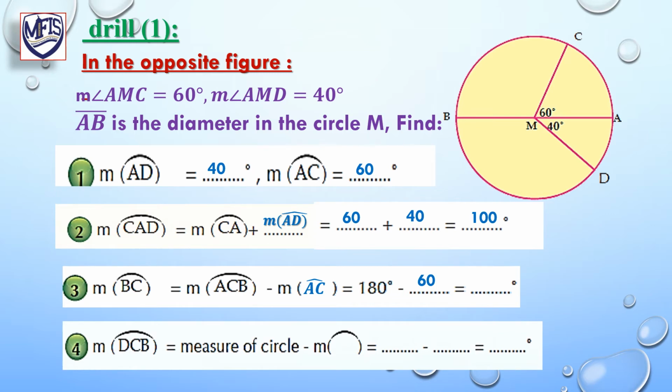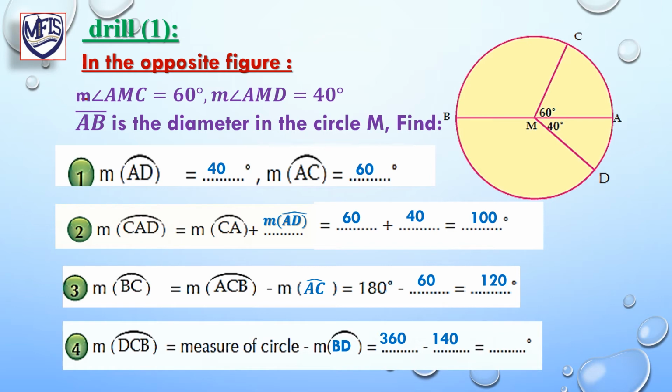Number 4, measure arc DCB. This part starts from D, turns to reach point B, equals the measure of the circle, the total circle, minus measure arc BD. So 360 minus 140.